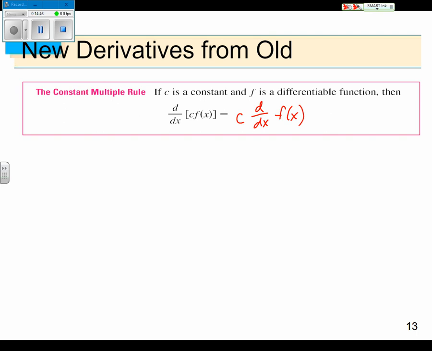And I can do this because of limits. Remember, I can always pull my constant out in front of that limit and then just take the limit of the function of x. And remember that this derivative is the limit as h approaches 0 of my difference quotient. So that's what allows me to do this. Okay, so let's try this.